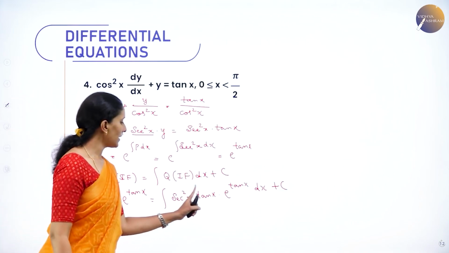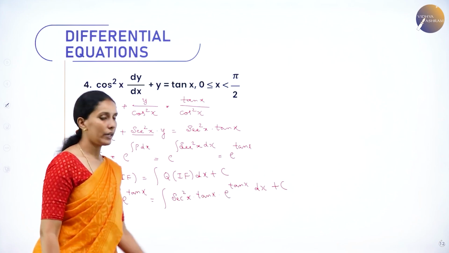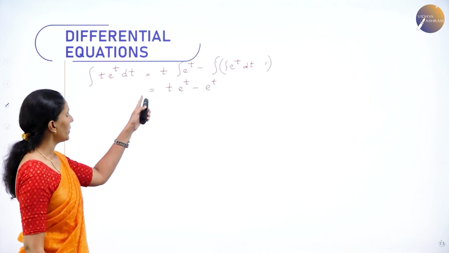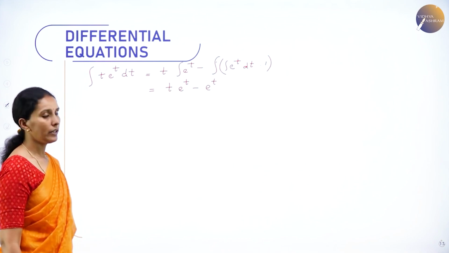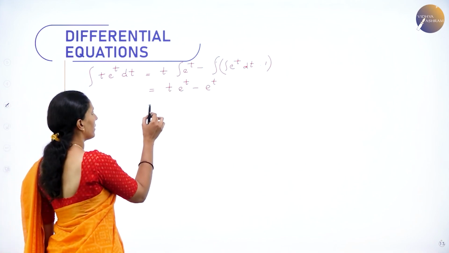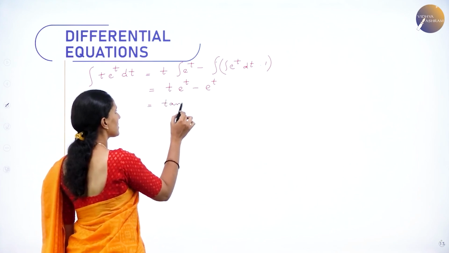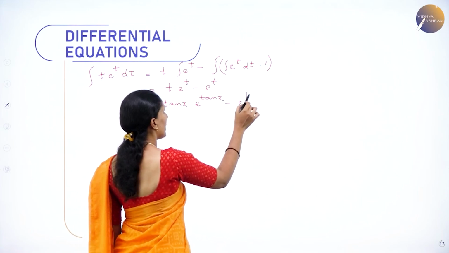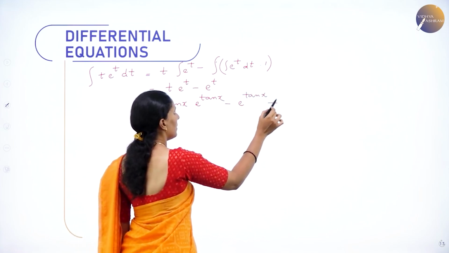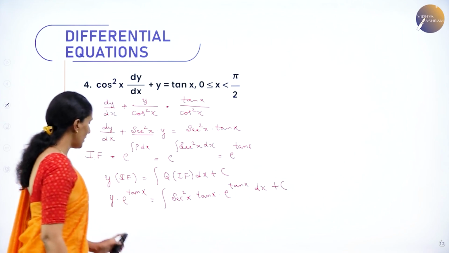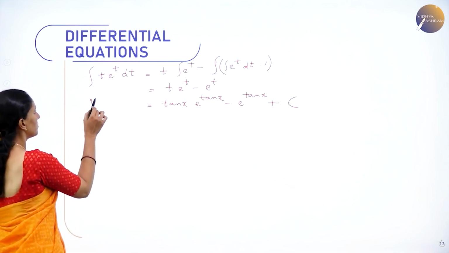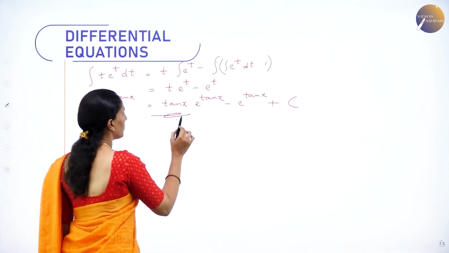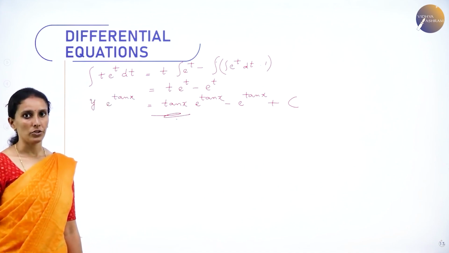Now in place of secant square x tan x e power tan x, I can replace it with t e power t minus e power t. What is t we have taken? We have taken t as tan x, so tan x e power tan x minus e power tan x plus the integration constant, and here we have y into e power tan x. So this is the solution for the given differential equation.